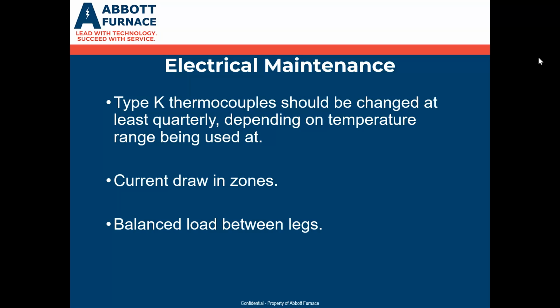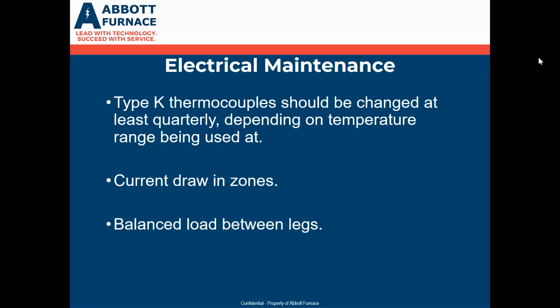If all your current meters are pretty uniform on a zone, but that zone is still lagging, and we're going to say a high heat zone for now, what we call a high heat zone, we typically have glow bars and a transformer in it.